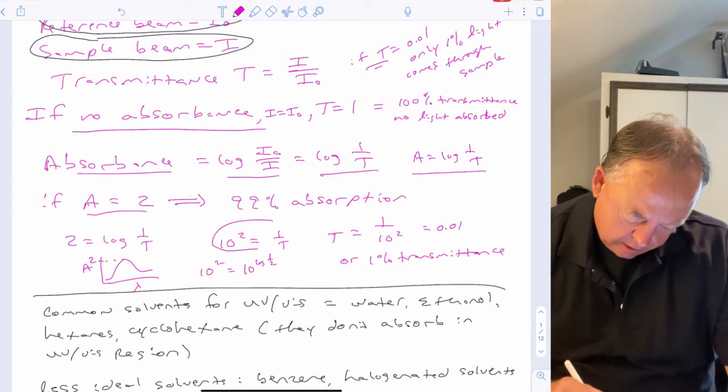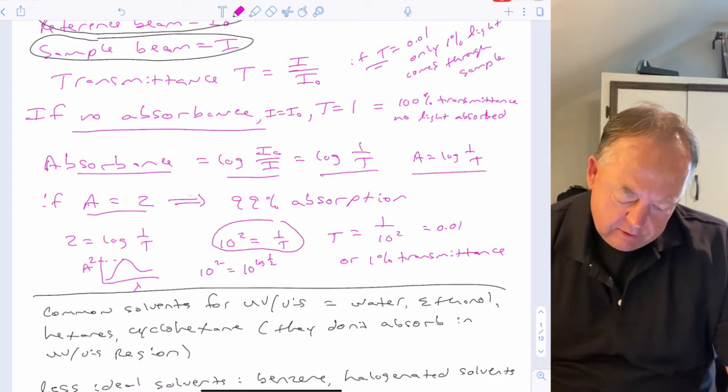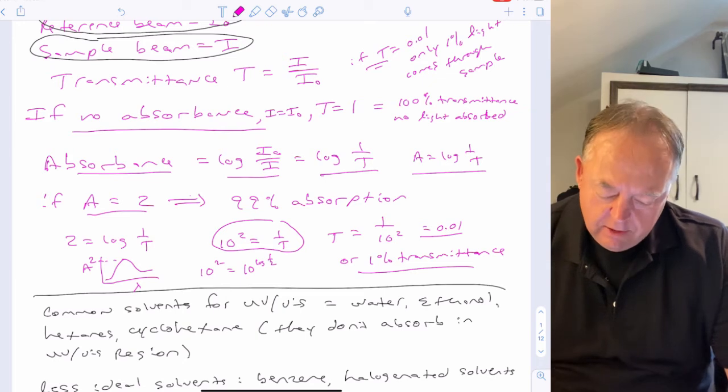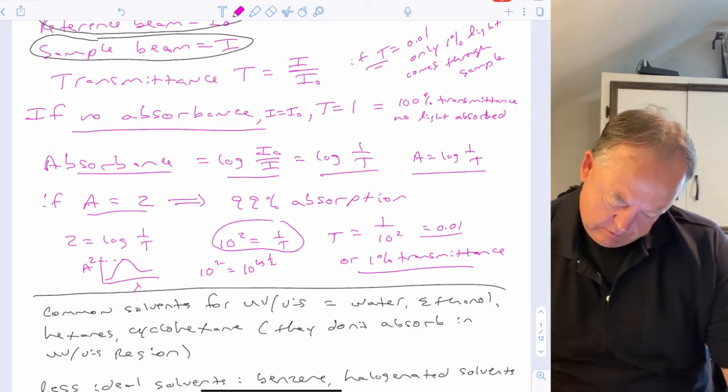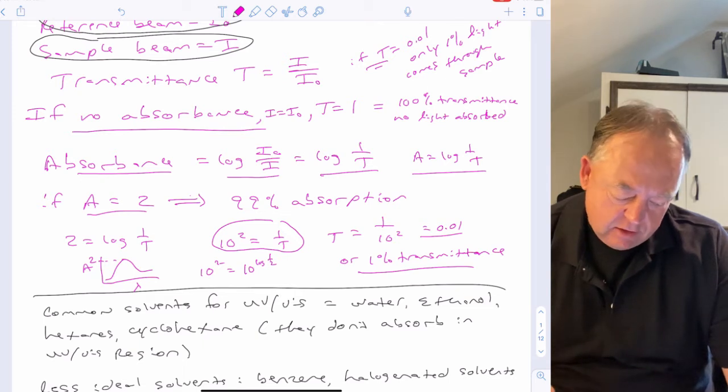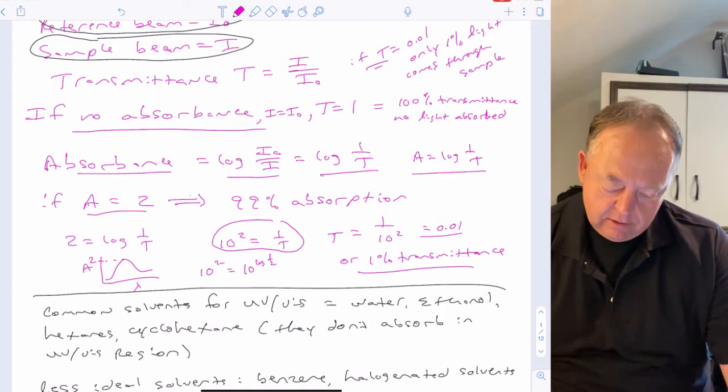So 10 squared equals 1 over T, and solving for T, T is equal to 0.01. So if absorbance is 2, there's only 1% transmittance, so 99% of the UV radiation is being absorbed by the sample.